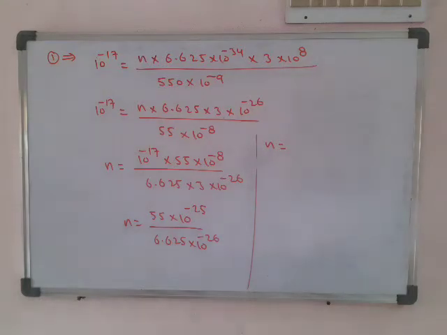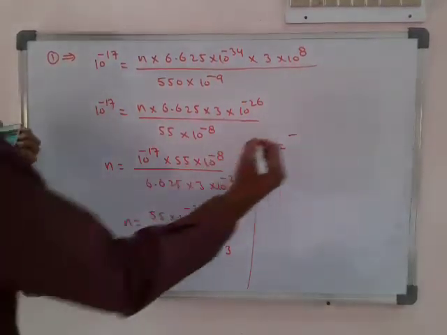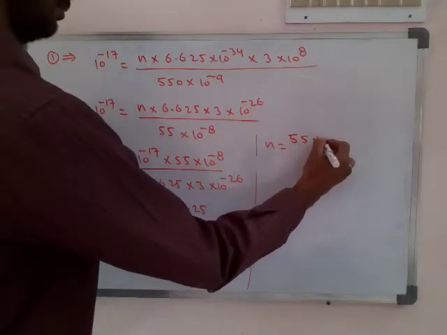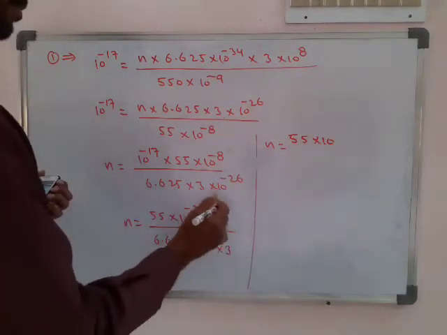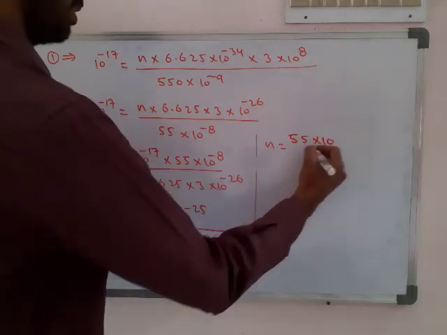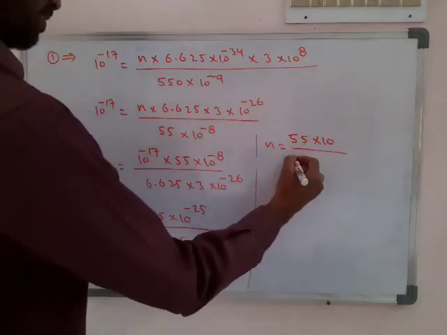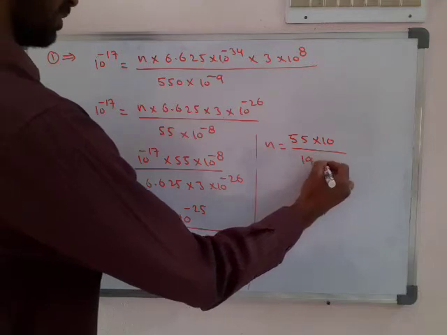So we do the calculation, just wait. So here minus 25 becomes plus 26, here we get 10. So 6 this is 90.875.